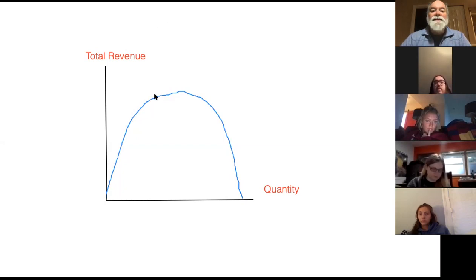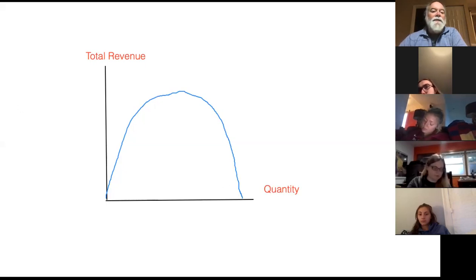Then it causes about the same percentage decrease in price to increase your sales. And then eventually you get to the point where it takes a huge decrease in price in order to sell more output, right? So this is neither good nor bad. It's just a fact of the math. This is what a total revenue curve is always going to look like, at least for 95+% of all firms.